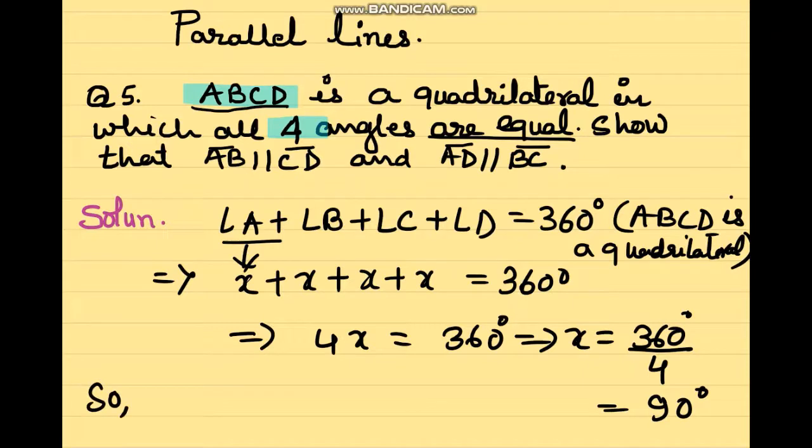So what you got here? Angle A equal to angle B equal to angle C equal to angle D equal to 90 degrees. Now you have to make a quadrilateral in which all four angles are equal and each angle is coming to be 90 degrees.